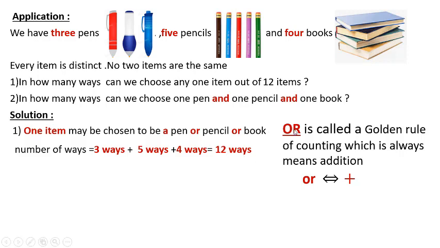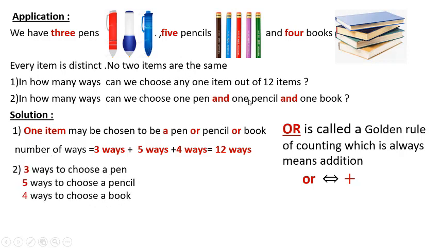Pay attention: "or" is called a golden rule of counting, which always means addition. When we have "or", we add all the ways. Start with part 2. In how many ways can we choose one pen, one pencil, and one book? Solution: one pen can be chosen in 3 ways, one pencil in 5 ways, and one book in 4 ways.